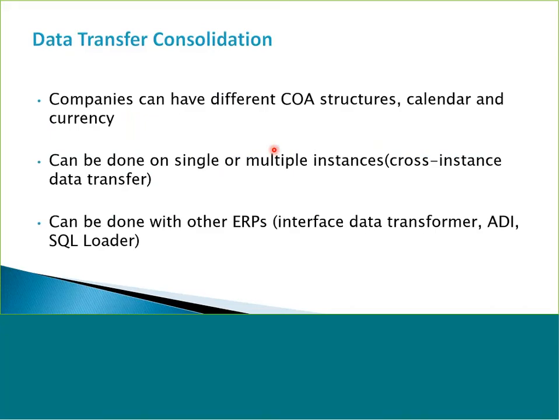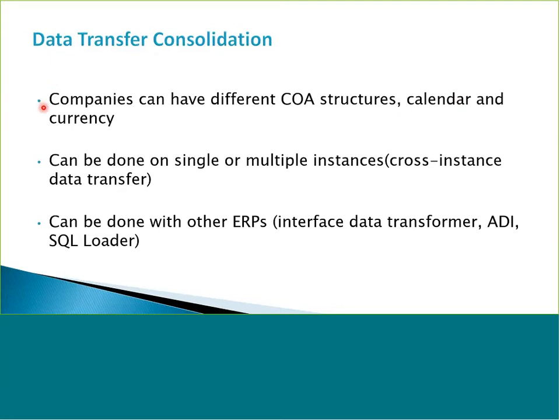There are various characteristics or features of data transfer consolidation. Data transfer consolidation can be done for companies that have different chart of account structures, and for companies that have different calendar and currency.